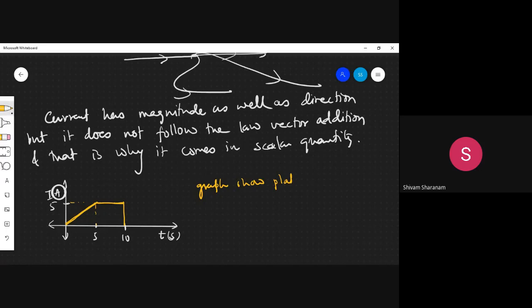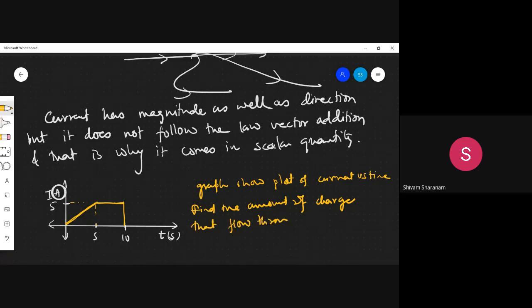Find the amount of charge that flows through the wire in this time interval.